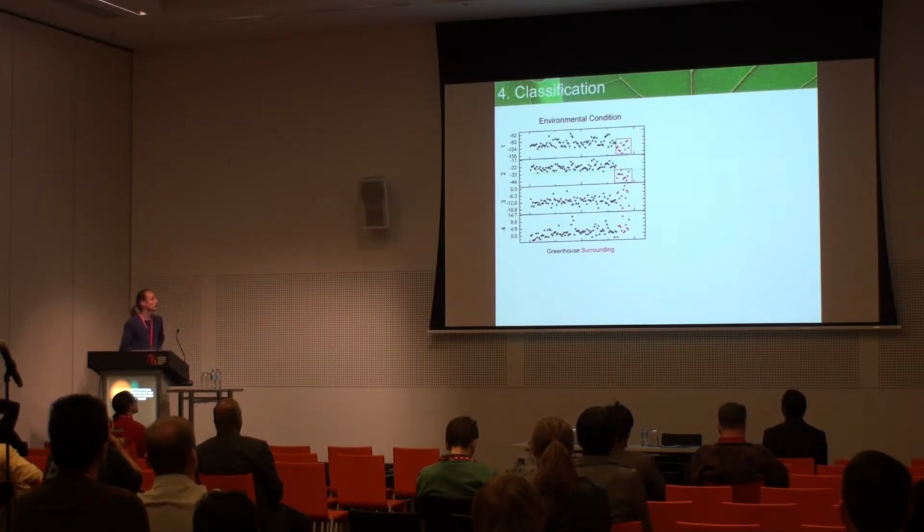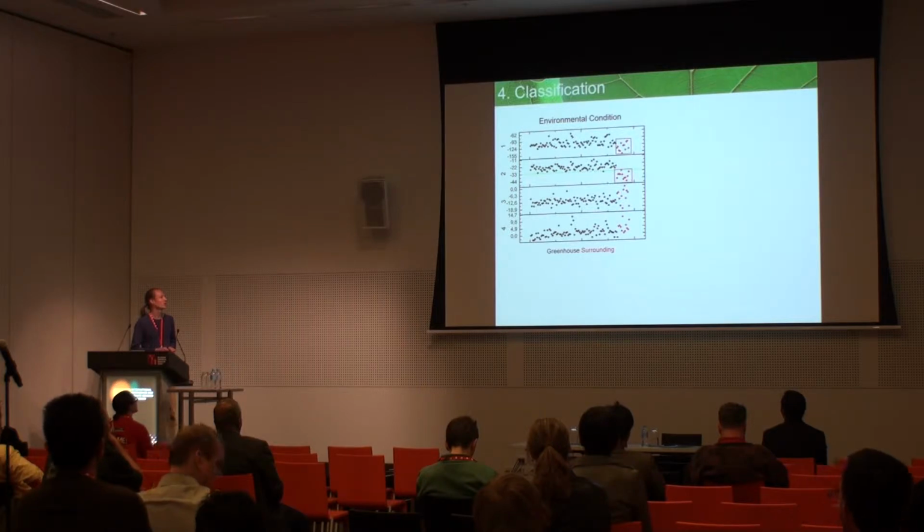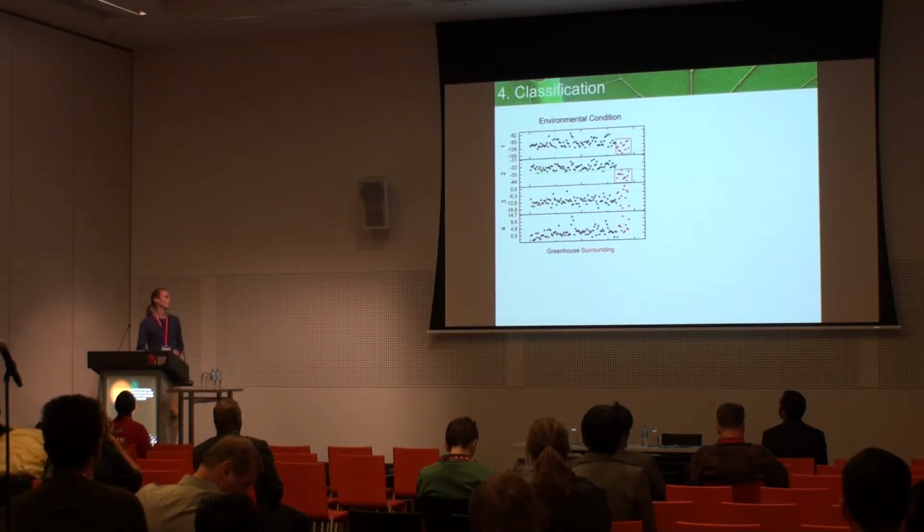And what you can clearly see is something very astonishing, because we can really see that, for example, here the values from the surrounding have a different value than from the greenhouse. This was actually not what we expected, because we wanted to see somehow genetic differences between the species and not just where they come from.